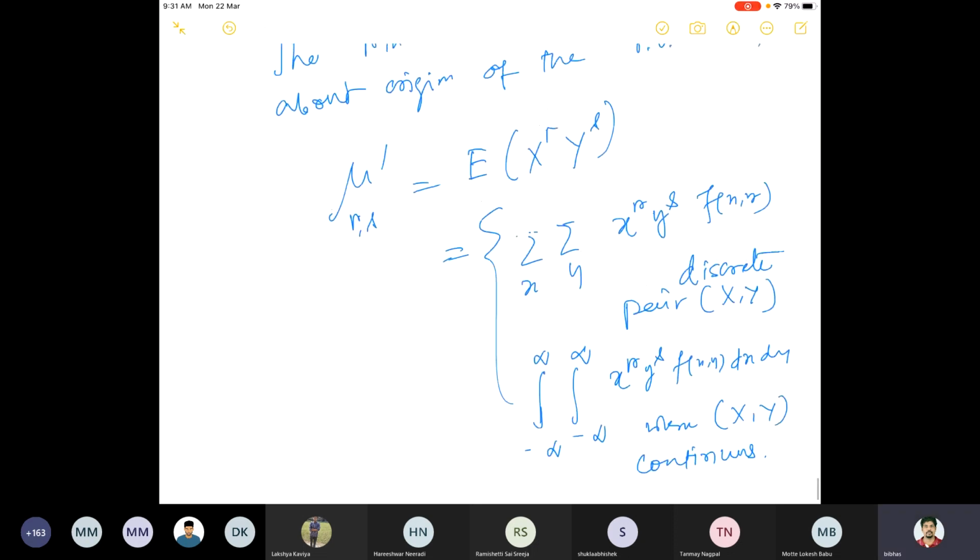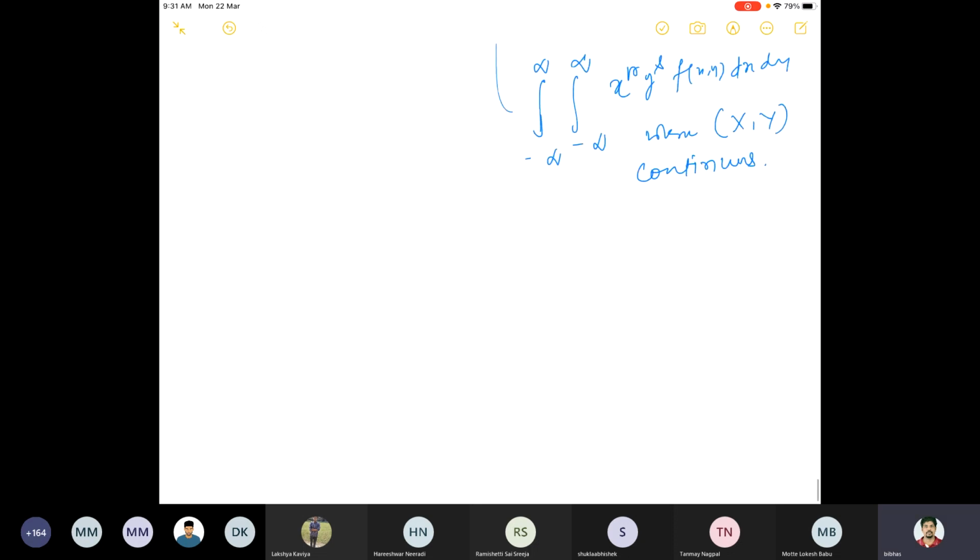Now here, if s is equal to 0, then it is nothing but the moment of x. As a special case, I'll just introduce a notation.